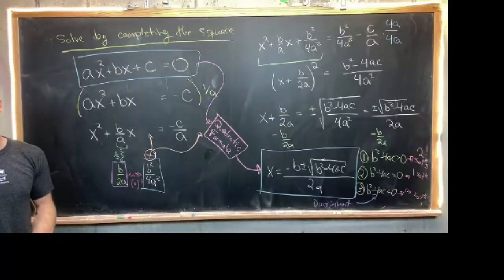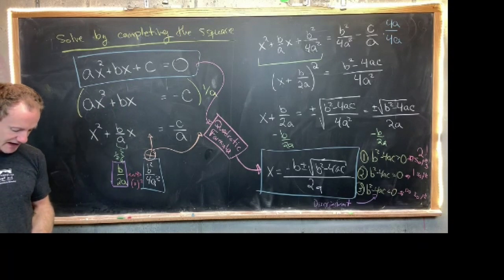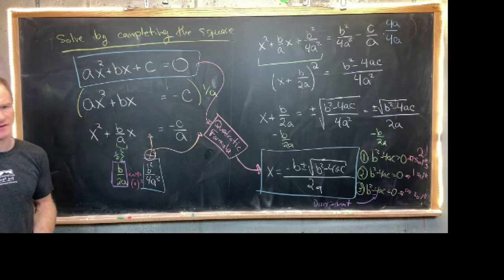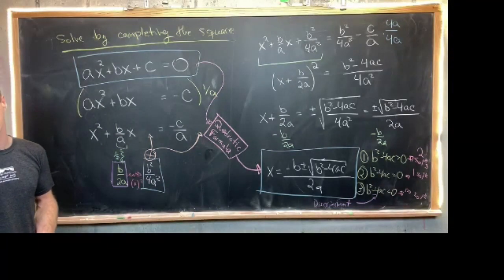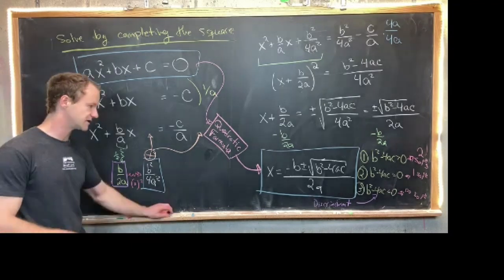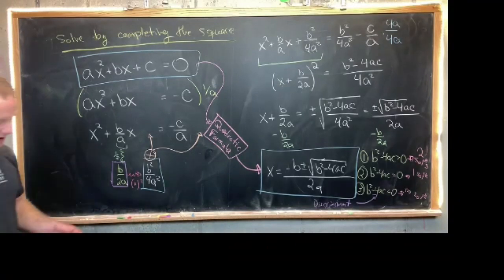And notice the discriminant tells you how many solutions this equation has. So you can often find out the number of solutions an equation has without even finding the solutions at all. And that's sometimes an interesting property, the number of solutions that an equation has instead of finding the solutions.